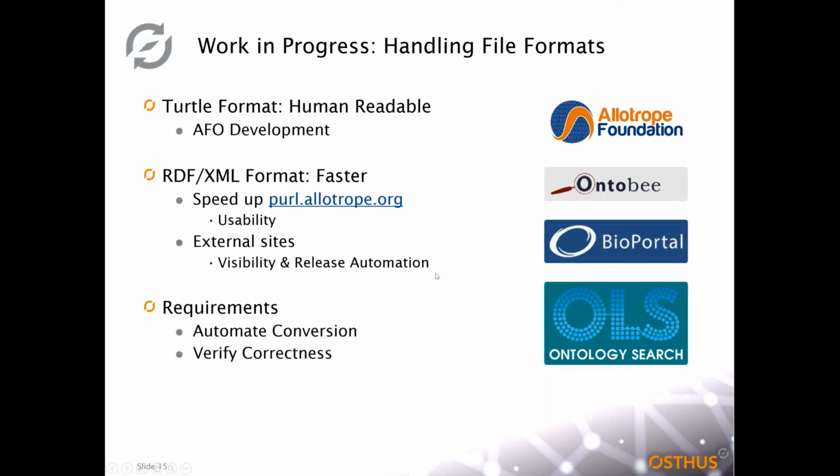And the requirements I've identified: first, obviously we need to automate the conversion from Turtle format to RDF, and we're going to look at available tools and leverage external tools for that, so we don't have to reinvent the wheel. But what we want to do is to verify the correctness of the conversion to make sure that the files are still semantically equivalent after the conversion.